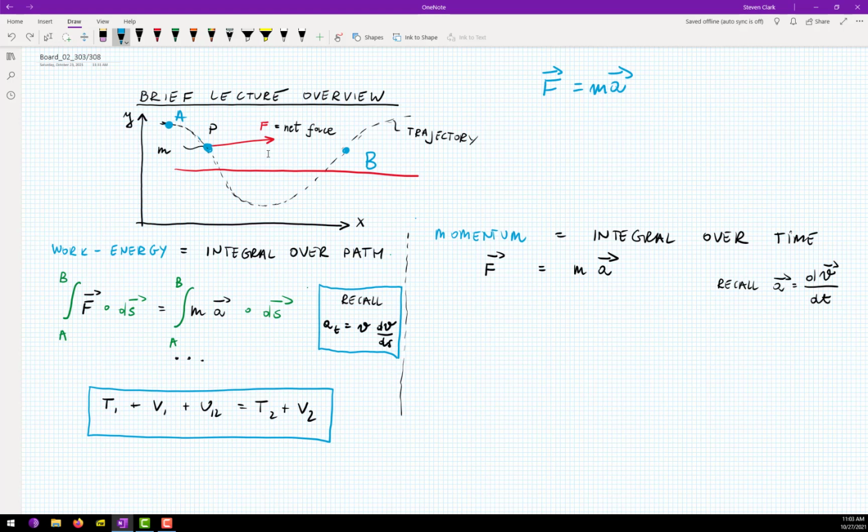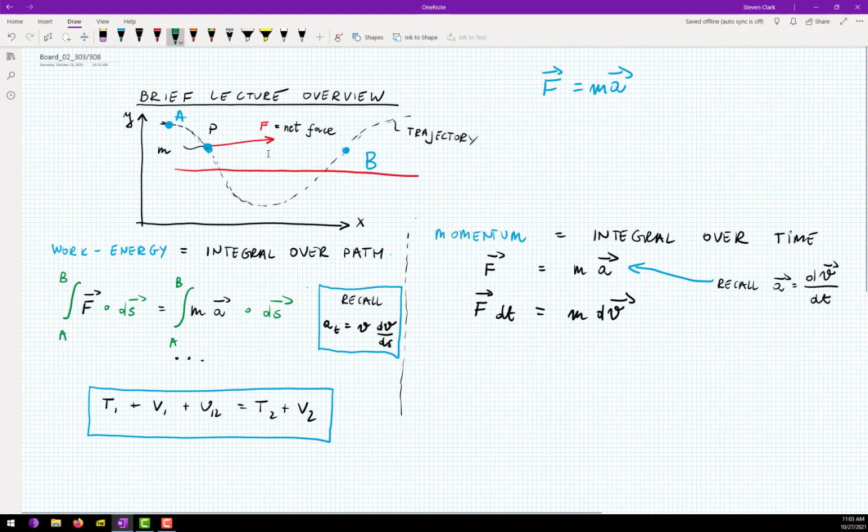Today, on the other hand, we will start exactly the same with F equals ma, but this time we will do the integral over time. So we will use this expression for acceleration. Let me plug it back in here. If you do that, you will end up with F dt equals m dv.